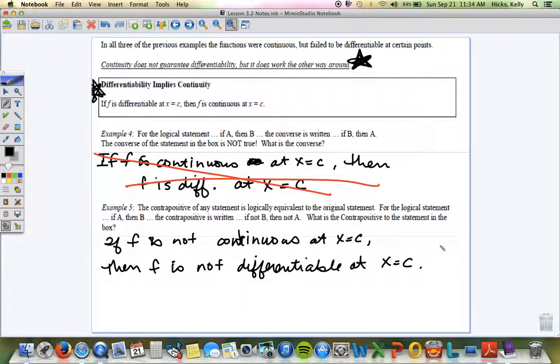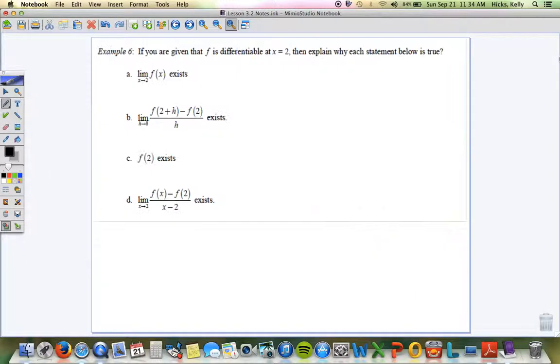Is that true? Yes, that is a true statement. If the function is not continuous, then it is definitely not differentiable. You can kind of stop there. If it is continuous, it may or may not be differentiable. You can't guarantee that.